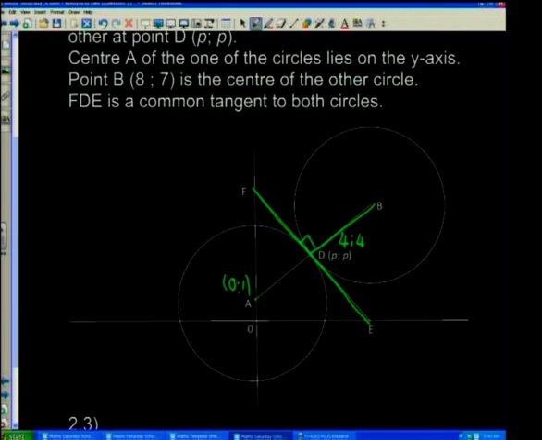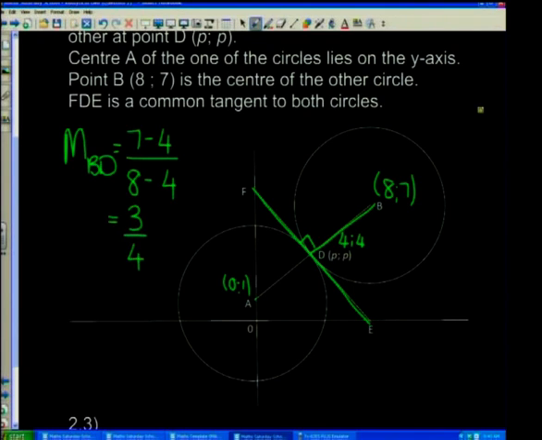So what would the gradient from point B to point D be? We know that that's 8 and 7. Right, the gradient from point B to point D is going to be y1 minus y2 over x1 minus x2. I've got 7, I've got 3 over 4. That's our gradient over there.